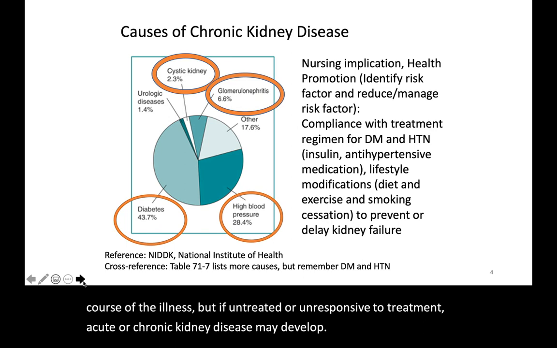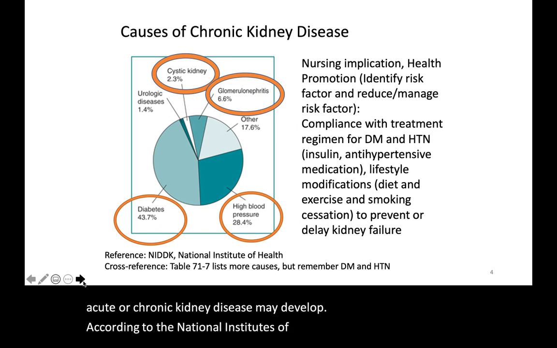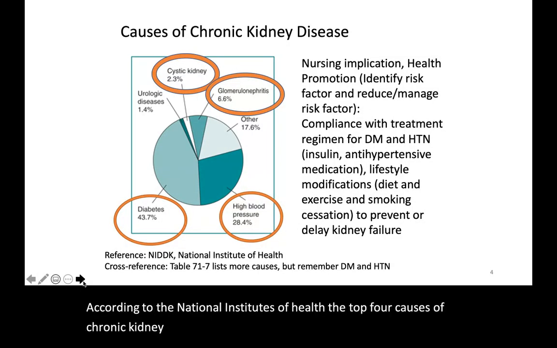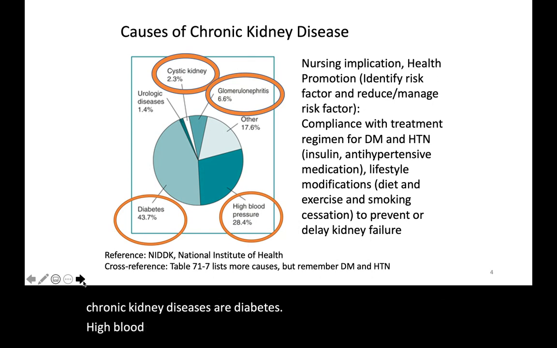According to the National Institutes of Health, the top 4 causes of chronic kidney disease are diabetes, high blood pressure, glomerulonephritis, and cystic kidney disease.